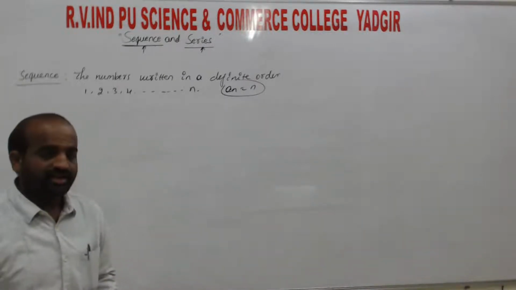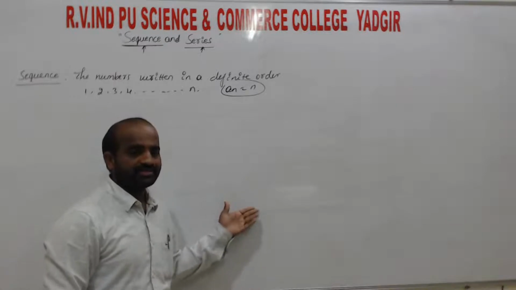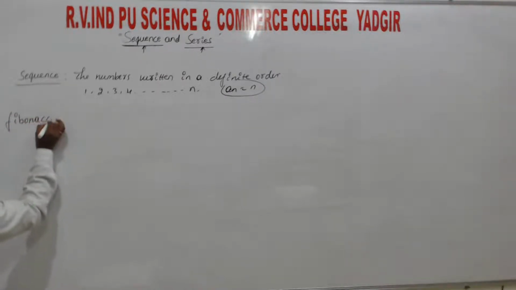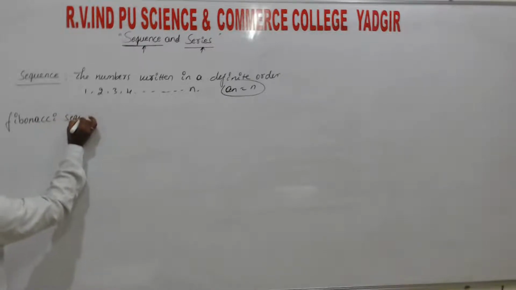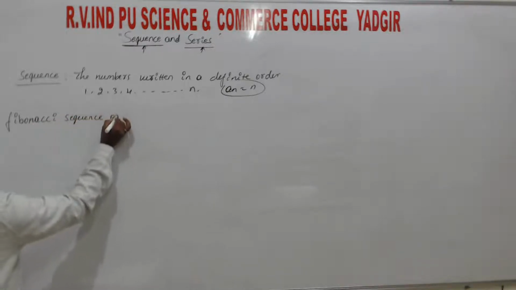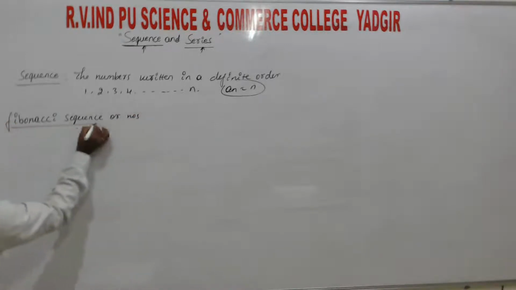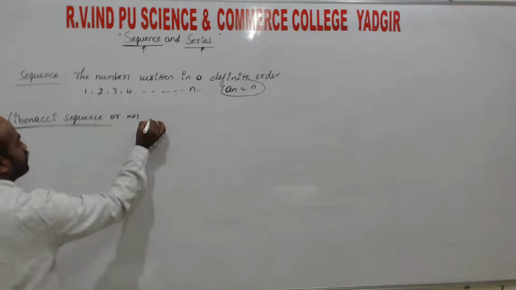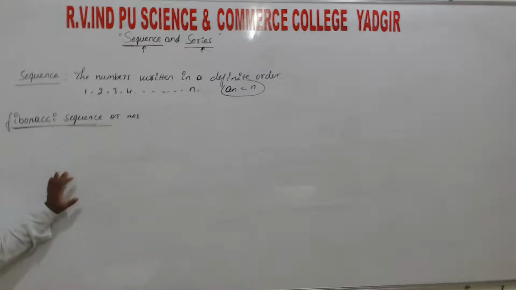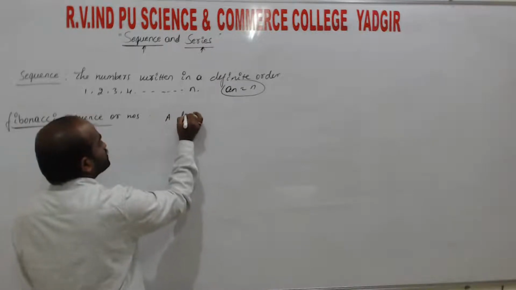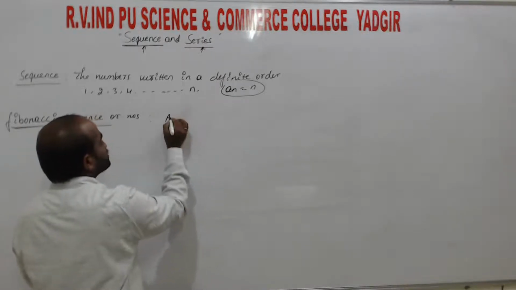Next, one definition is there for Fibonacci numbers. Fibonacci numbers are a sequence.